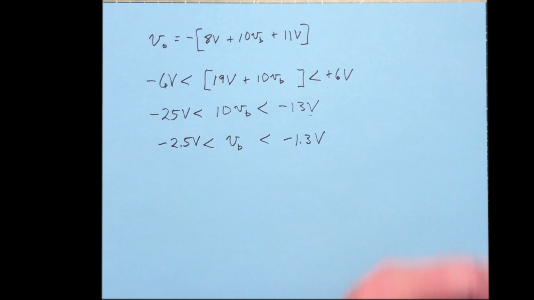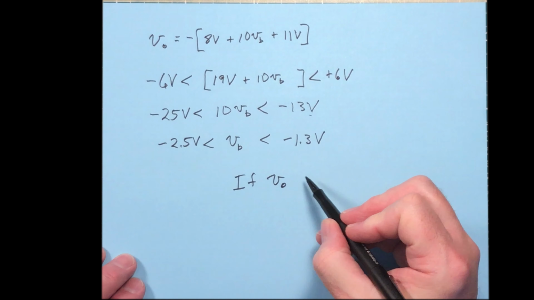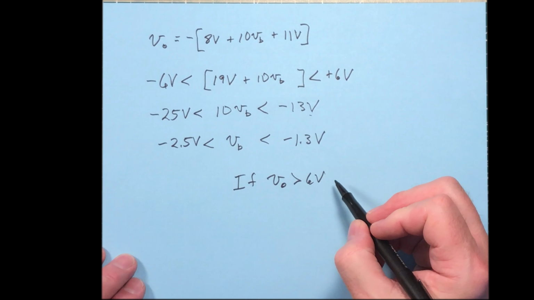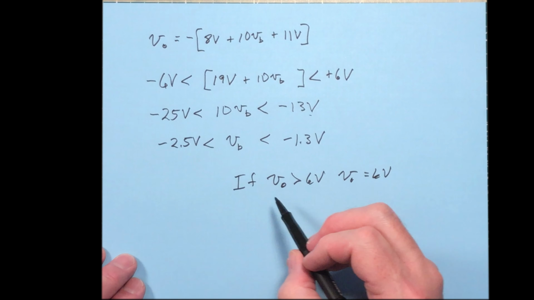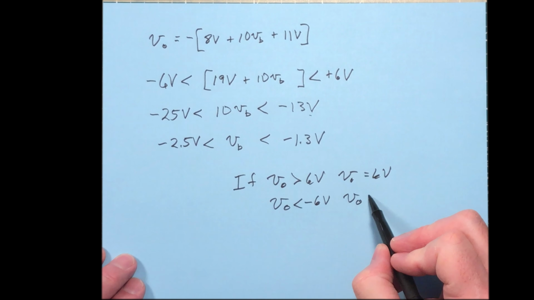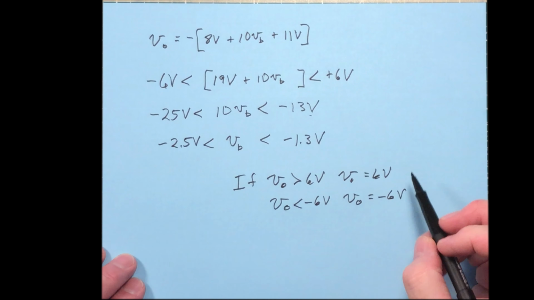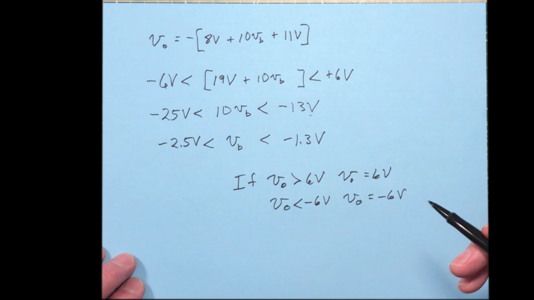But let's say V sub B goes over that range, or under that range. What happens then? If V output is greater than 6 volts, then V output equals 6 volts. But if V output is less than negative 6 volts, then V output is going to be negative 6 volts. So the answer is always going to be somewhere between plus and minus 6 volts. But if it's in the linear range, we calculate it with the equation.